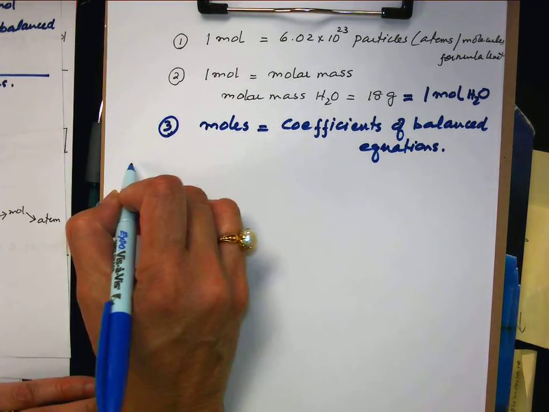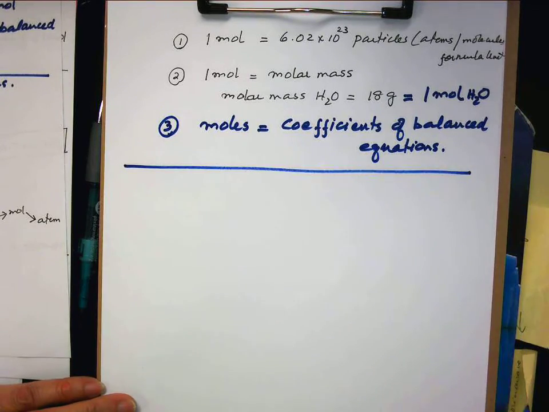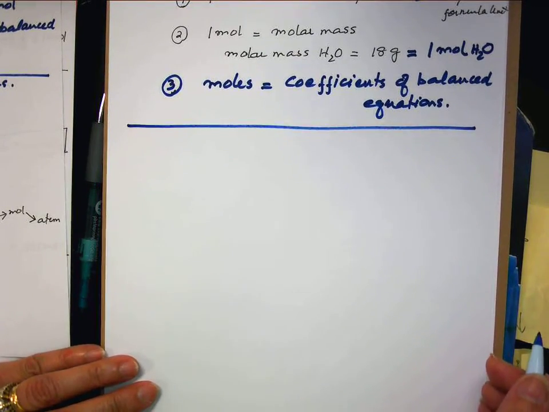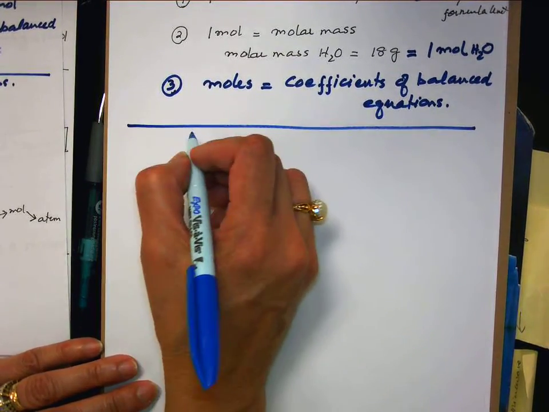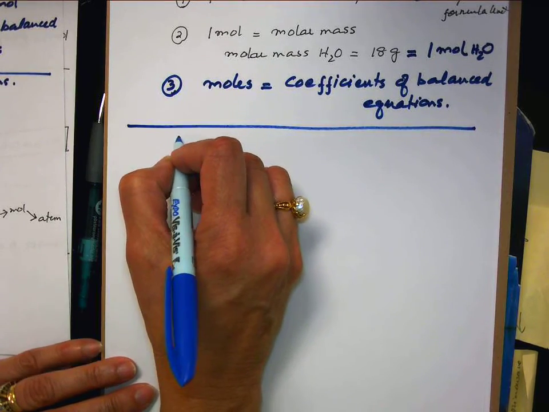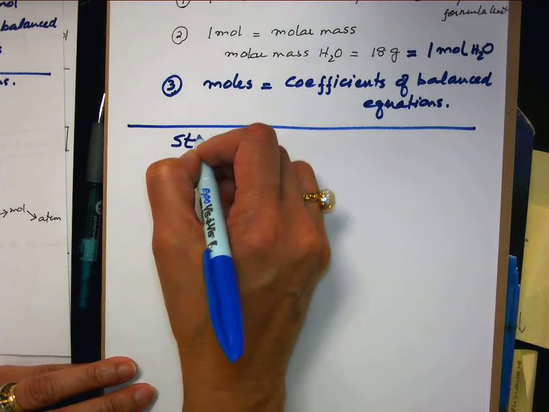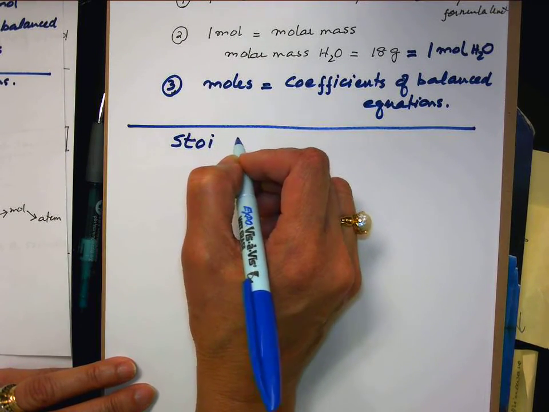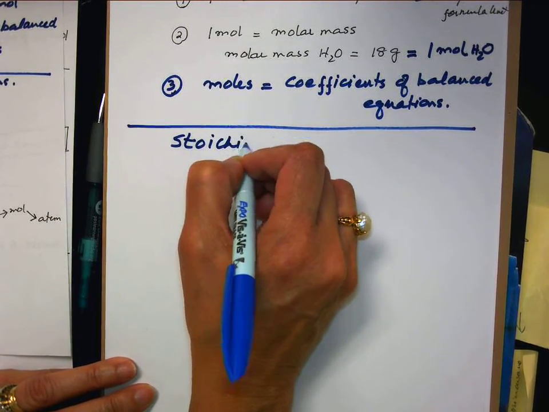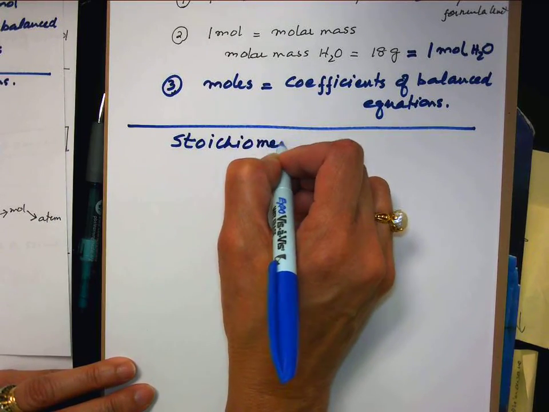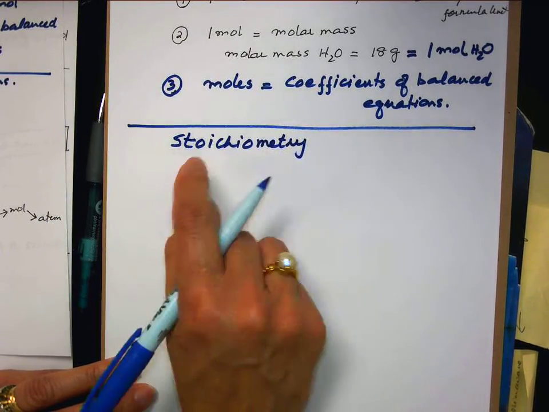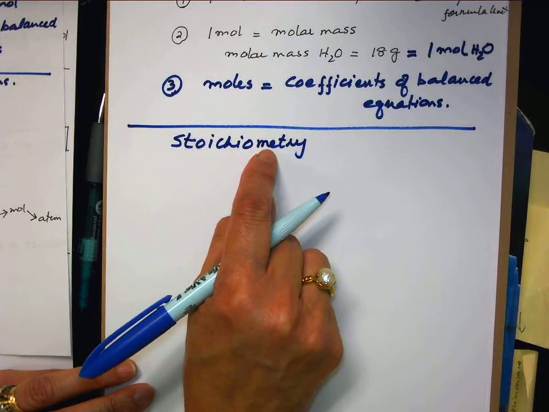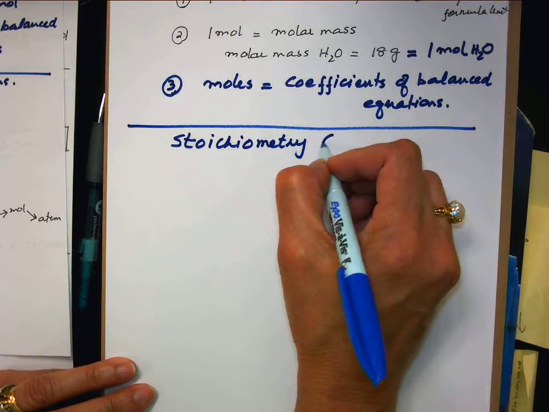Okay, so let's draw a line. In a stoichiometry calculation, what do you need to know? Write it down, stoichiometry calculation.